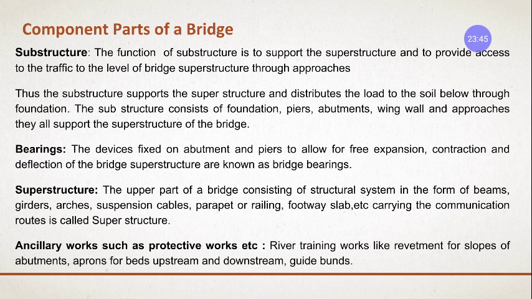Now what are ancillary works? The turfing, and the revetment done on the slopes of the abutments. Aprons, below the bridge where the water is flowing, at the ground level: we construct the apron, a concrete or stone masonry bed, so that scouring of the soil below the bridge does not happen, and the foundation does not come into contact with the atmosphere.